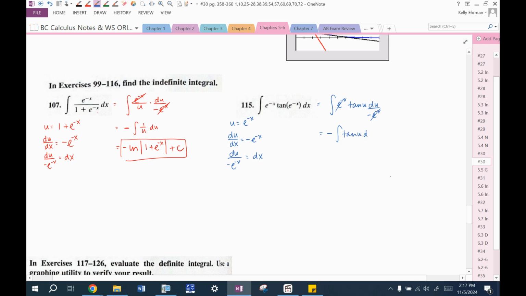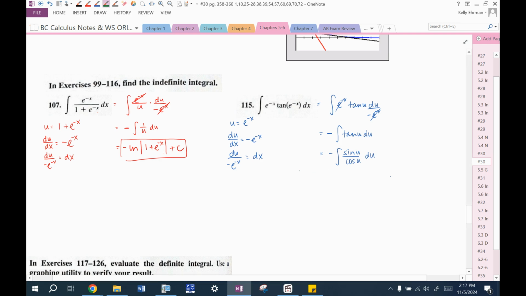Tangent of u du. Now, if you have the integral of tangent memorized, then you can get pretty much right down to the answer. If you're like me and you don't quite have it memorized, we can do sine u over cosine u. It might be worth memorizing this. I just haven't taken the time, to be quite honest.